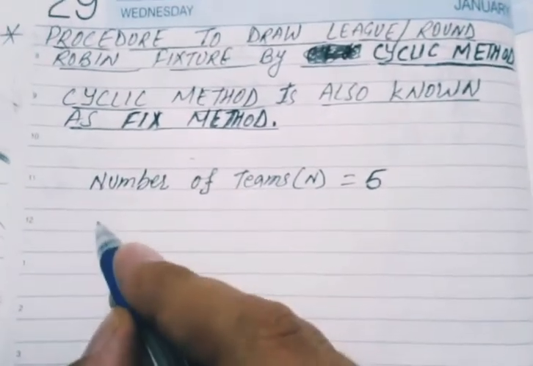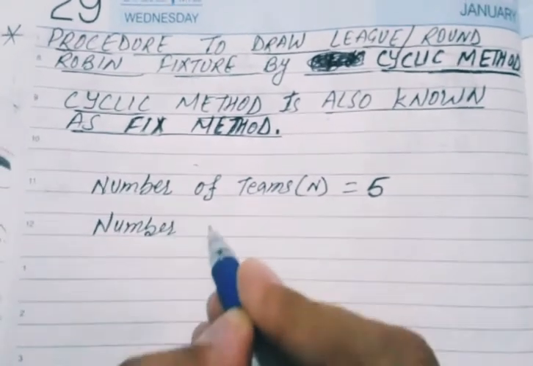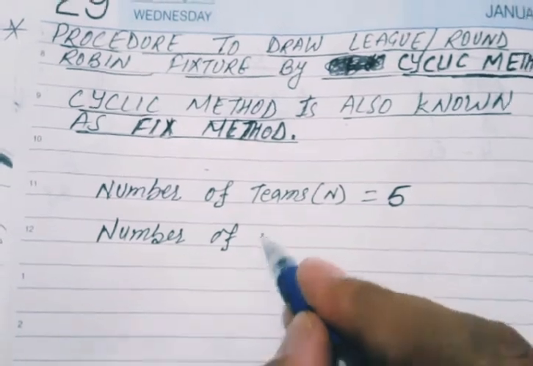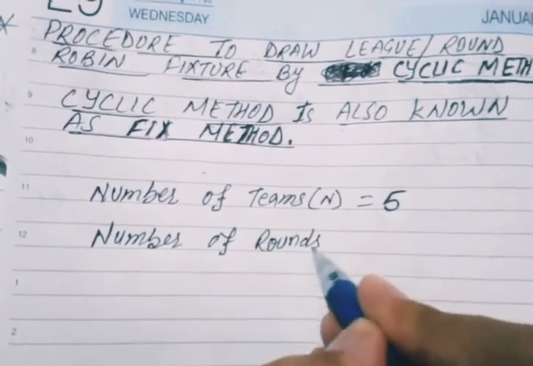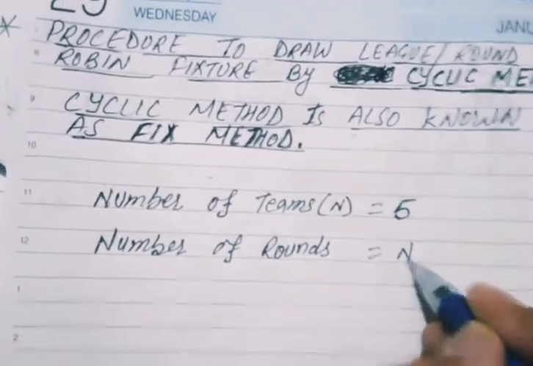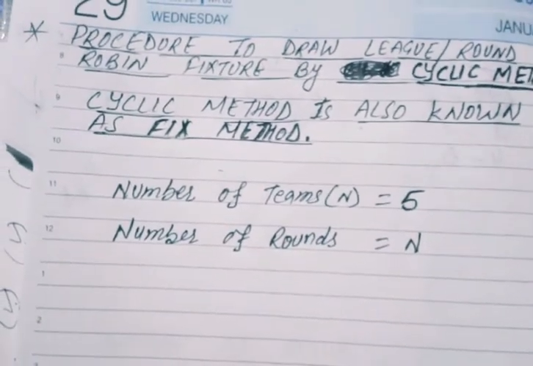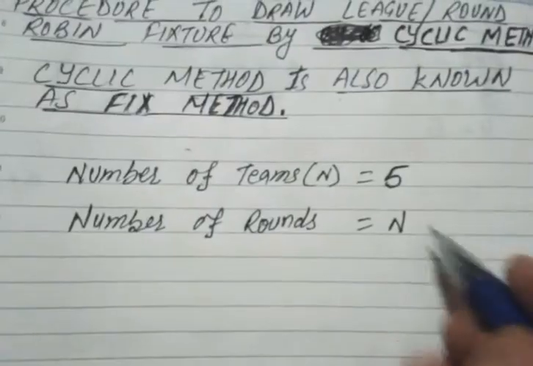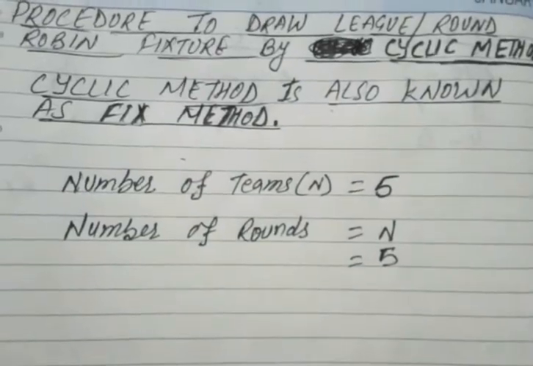The number of rounds will be equal to the number of teams given. As we have an odd number of teams, in odd cases the number of rounds will be equal to the number of teams given here. So we have 5 rounds here.